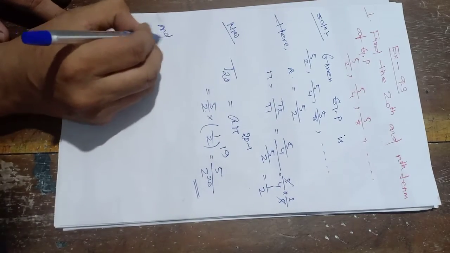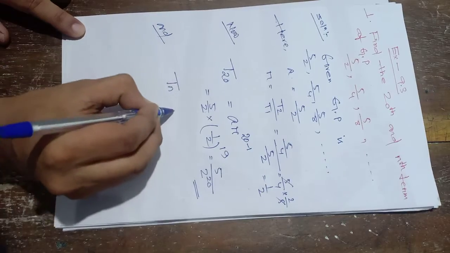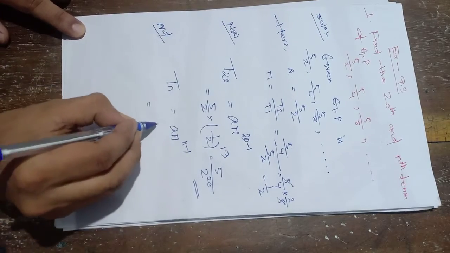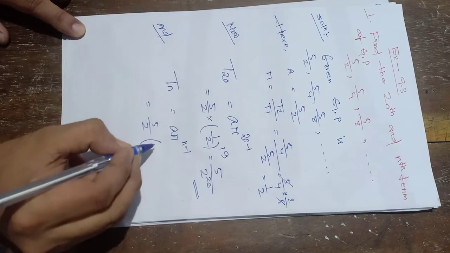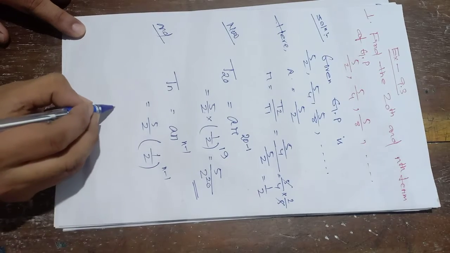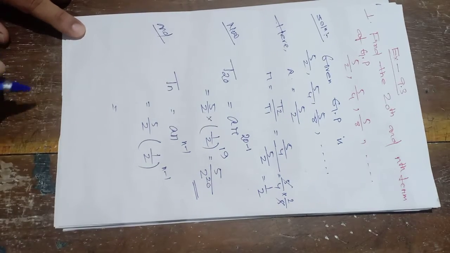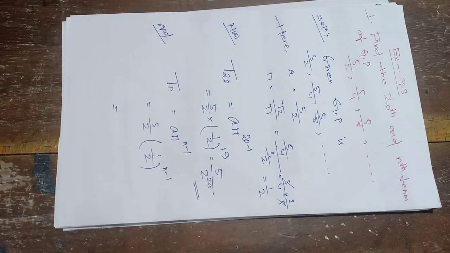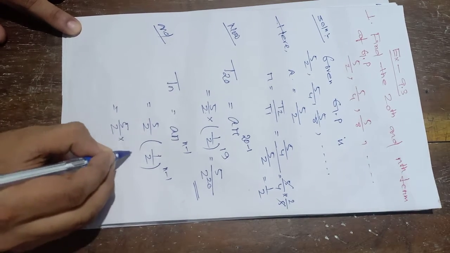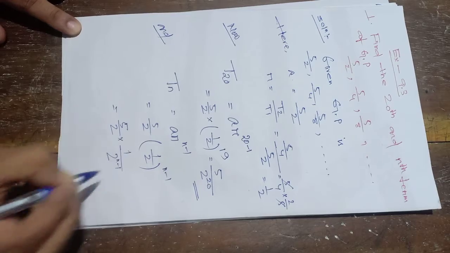And the nth term Tn is a r to the power n minus 1. a is 5 by 2 and r is half to the power n minus 1. So it is 5 by 2 into 1 by 2 to the power n minus 1.